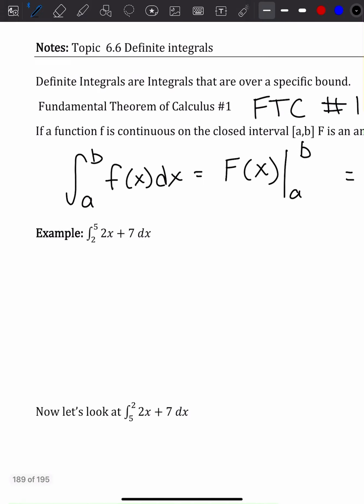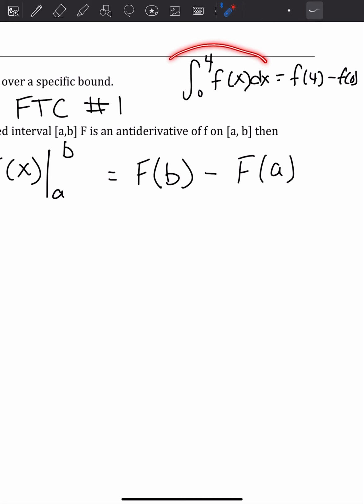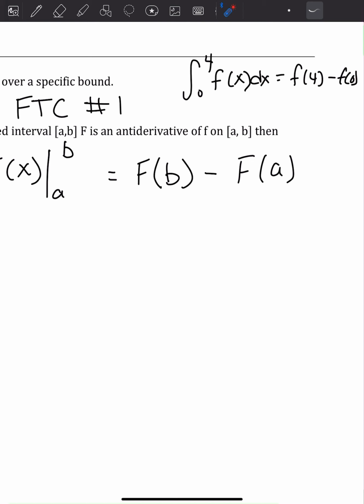And this is why, when we were looking at those geometric integrals, when we had the integral from, say, 0 to 4, and we knew what f of 0 was, to find f of 4, we couldn't really do f of 4 minus f of 0 because we didn't necessarily know what f of 4 is, or we would need to find it. But we did know f of 0. We had to find this to help us find this right here. So the reason why we added f of 0 is because of FTC number 1.